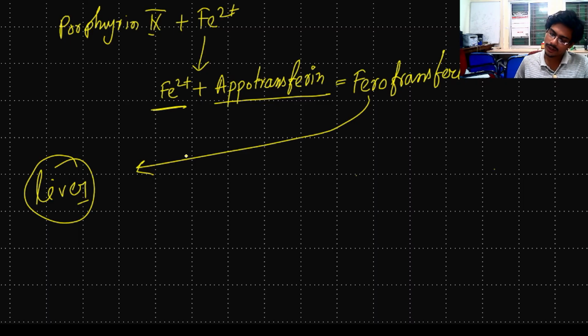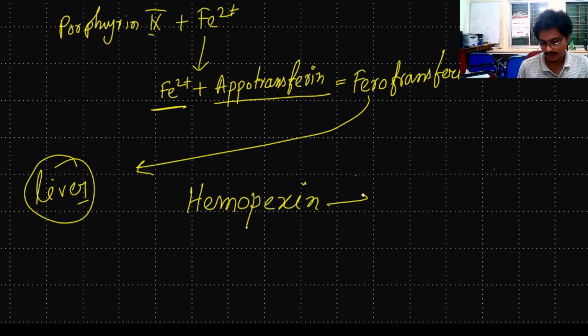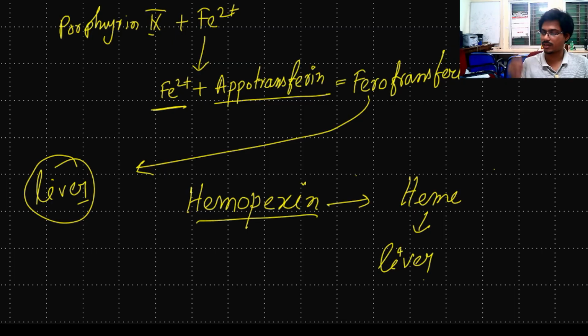So ultimately, one kind of heme is transported to the liver, that is known as hemopexin. So you can write down the term hemopexin. It means the transport of the heme to the liver.